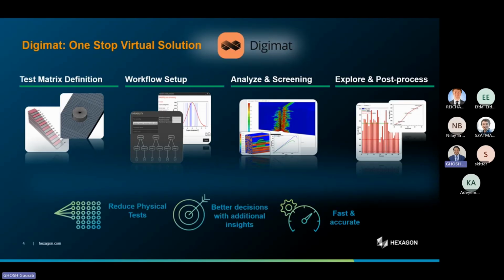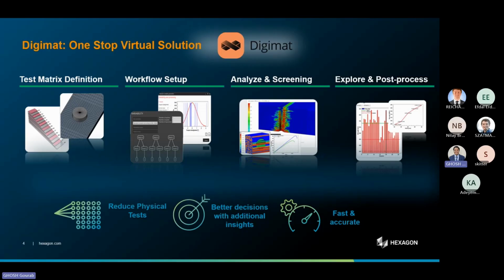So as I mentioned, Digimat is the one-stop virtual solution for addressing all those challenges. There you can easily define the test matrix, set up very efficiently and easily the workflow for the simulation and the design, then analyze and post-process the results, and explore advanced things like variability and parametric sensitivity. And this is very easy to do.